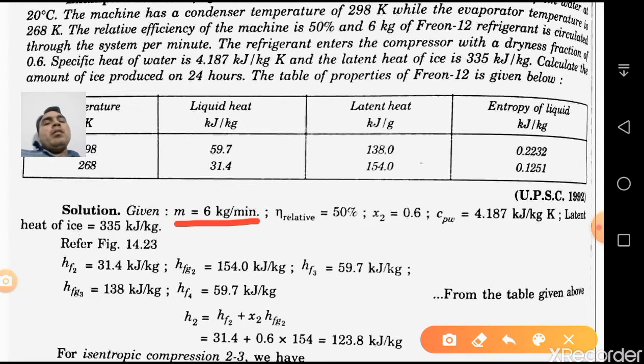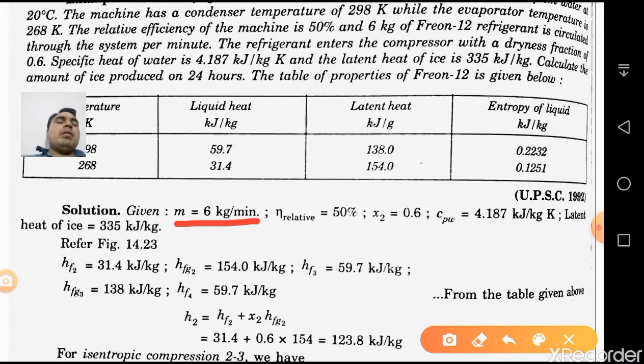It is the mass flow rate of refrigerant circulated through the 4 components: compressor, condenser, throttling device and evaporator. And eta is the relative efficiency, 50%.